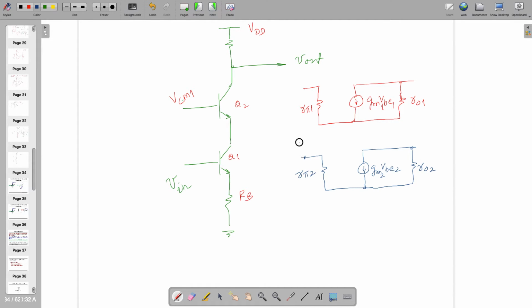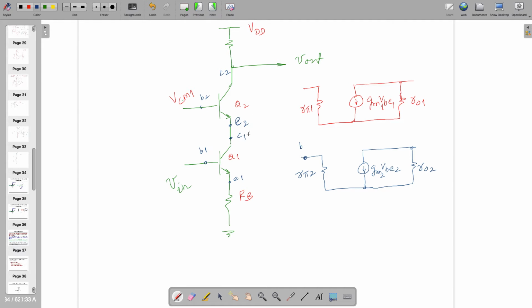So this is base, B1, C1, E1, and this is also E2, B2, and this is C2.